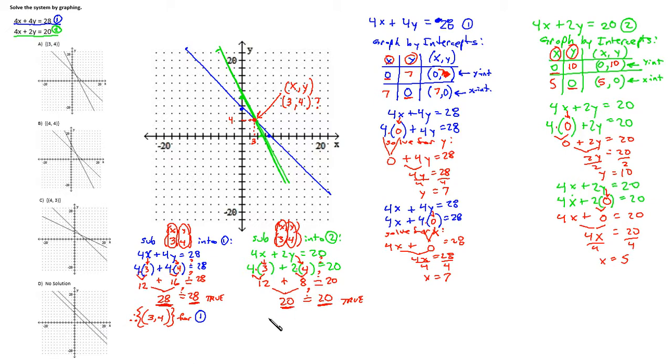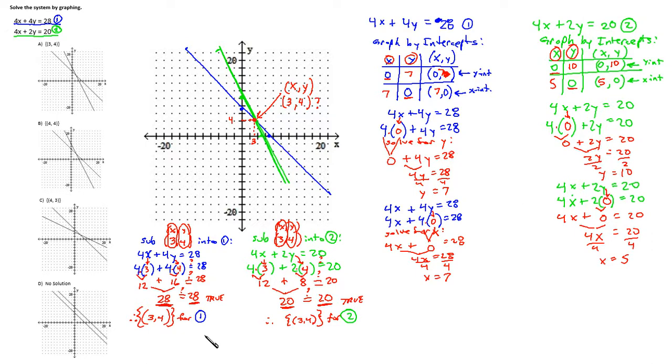So that means, therefore, that the ordered pair 3, 4 is a solution. It's also a solution for equation 2. That means this point actually does lie on both lines.